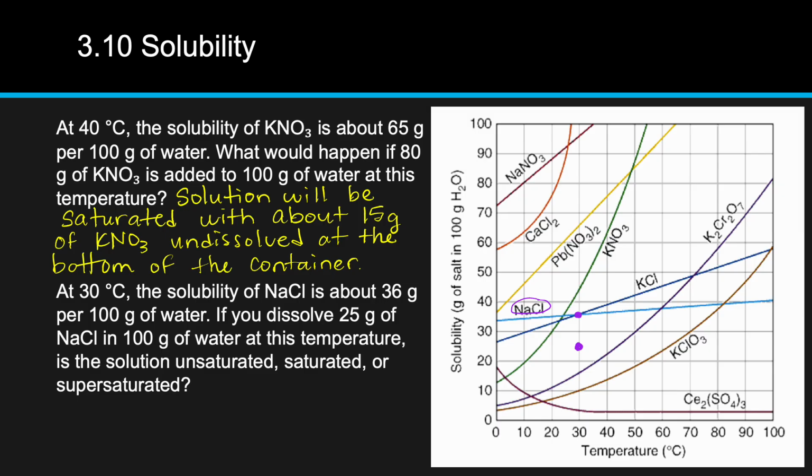Now, it is below the sodium chloride curve, which means we can dissolve all 25 grams of that NaCl into water, but we can also keep dissolving more if we want to reach a fully saturated solution. So this solution would be unsaturated if we only dissolved 25 grams of sodium chloride in 100 grams of water.